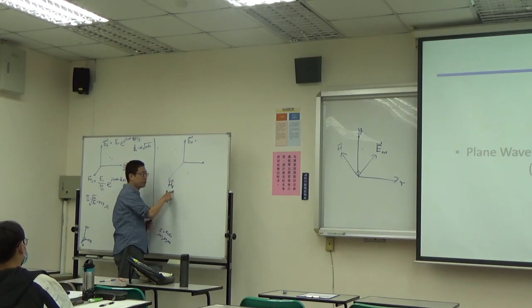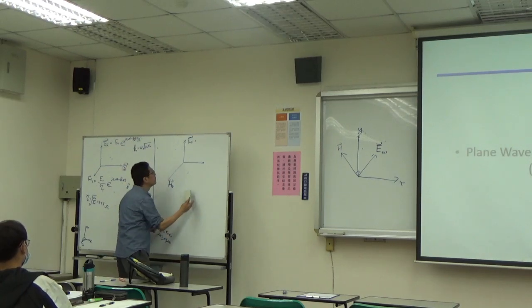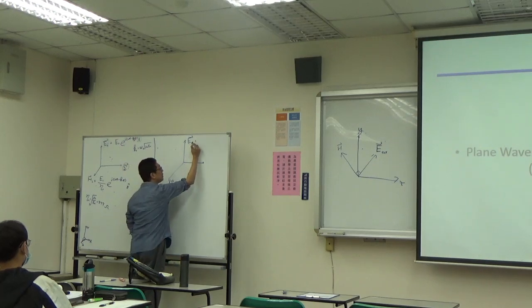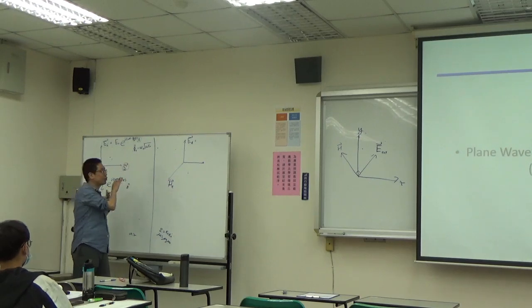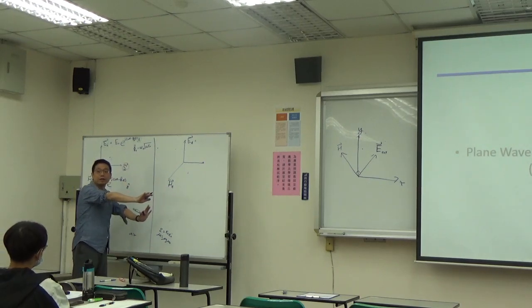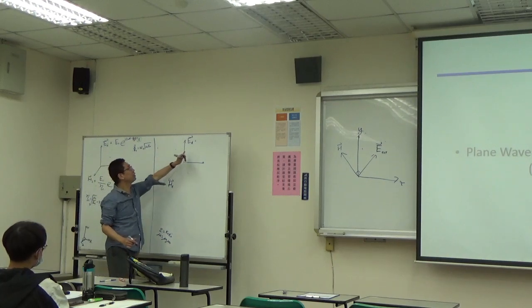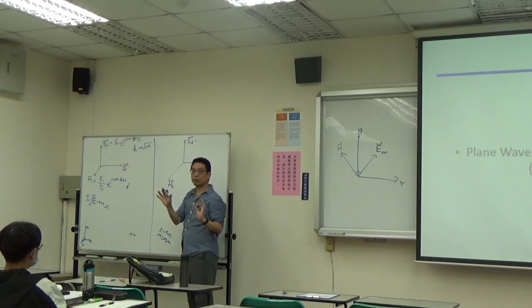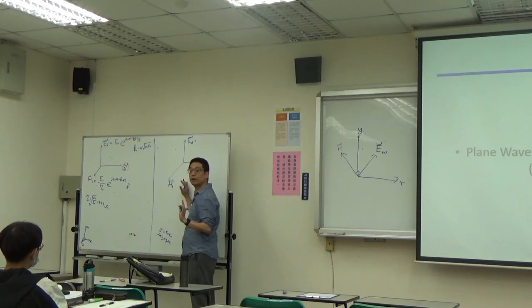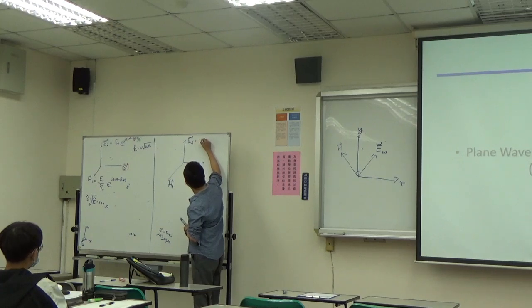If I transmit to here, I will have a new ER and a new HR. The magnetic field is up. I'm sorry, wrong name. ET, transmitted to another material. So ET equals, the magnitude will be changed, right? Because it is a different material. So I call the new magnitude gamma multiplied by E0.